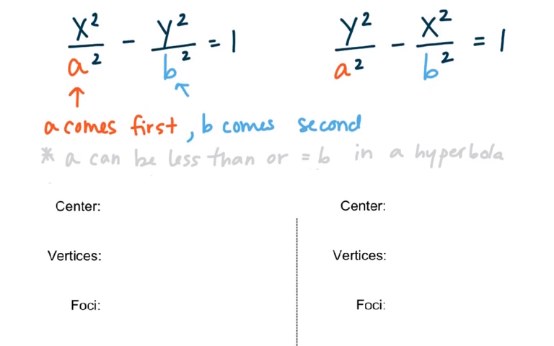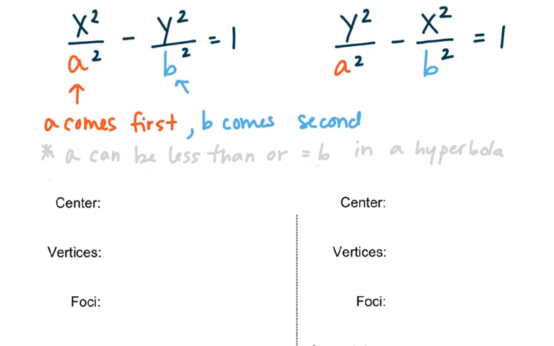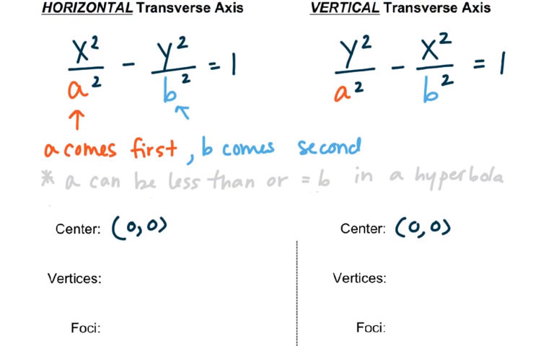Now, in both of these situations, the center is at the origin. So my center is going to be 0, 0. The vertices are still identified using your A value. So remember, A is what comes first, B comes second. So my vertices for a horizontal hyperbola, that means the change is going to be in X. And I will have A comma 0 as well as negative A comma 0.